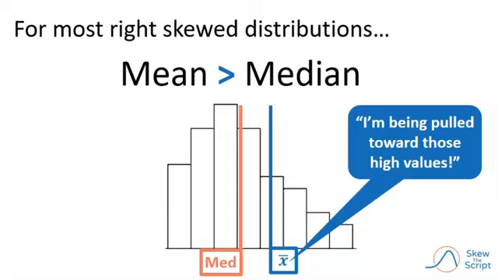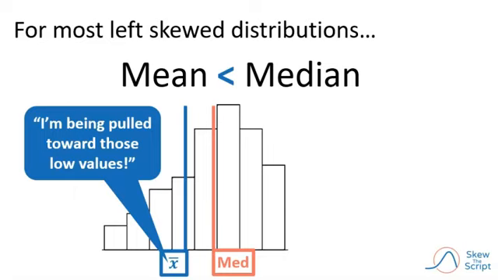It will increase, and the mean will be larger than the median. On the flip side, if your distribution is skewed to the left, or you have a very low outlier, a small number, the mean will get pulled toward those low values because it is not resistant. And that will be reflected in showing that the mean will be smaller than the median.